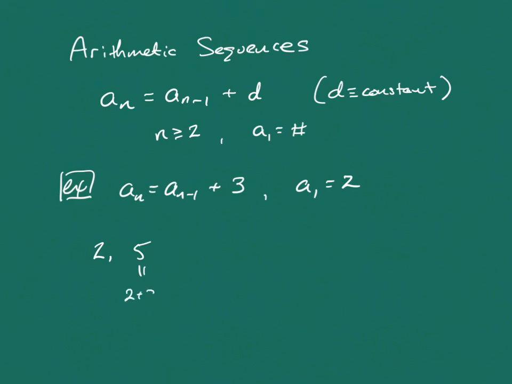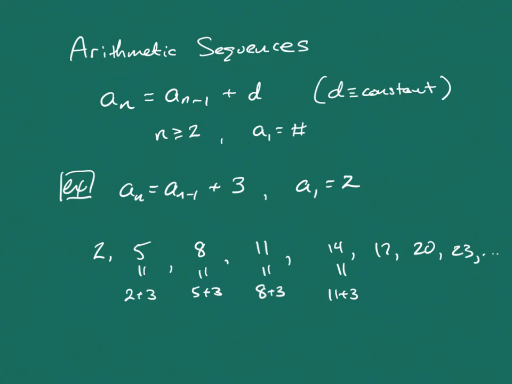Then for our next element, we would have 5 plus 3, that gives us 8. Then 8 plus 3 gives us 11. Then 11 plus 3 gives us 14, and so on and so on. Continuing that sequence, we would have 17, 20, 23, and so on. So arithmetic sequences have this common number that we are adding on to get the next number in the sequence.